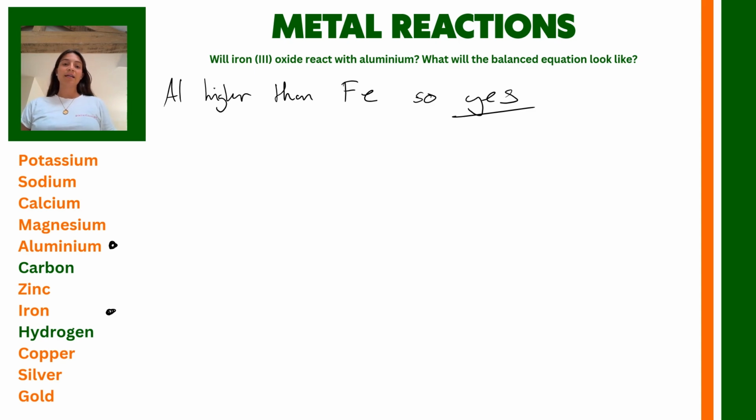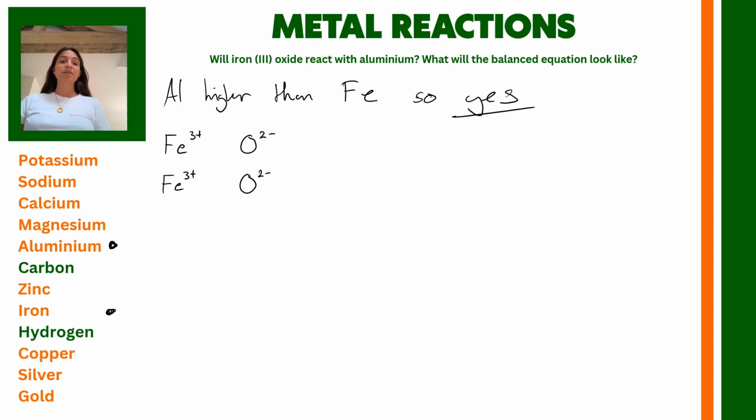Okay, next thing I need to think about is my formula for iron 3 oxide. Those Roman numerals are telling me that my iron ions have a charge of +3, and my oxide ions, oxygen is in group 6, so it has a negative charge of 2. And remember, I need to balance those charges, so add another oxygen with 2 more negative charges: +3 for my iron, -4 for my oxygen, still not balanced.